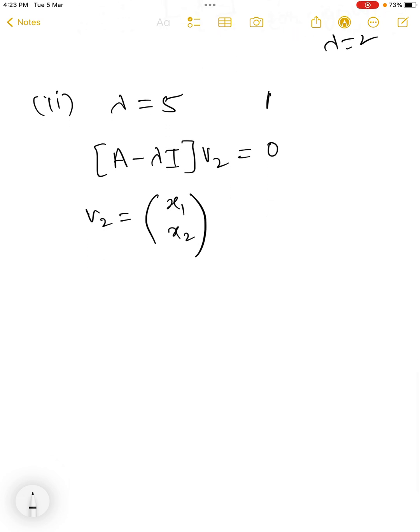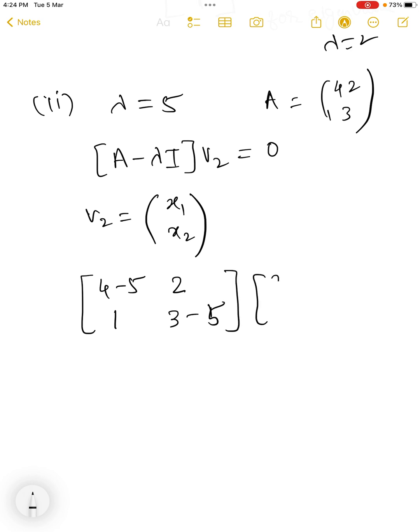Writing A again, [4 2; 1 3], we subtract lambda equal to 5 in the principal diagonal of matrix A. So [4 minus 5, 2; 1, 3 minus 5] times [x1, x2] equal to 0. We subtracted eigenvalue 5 in the diagonal entries of the given matrix A.